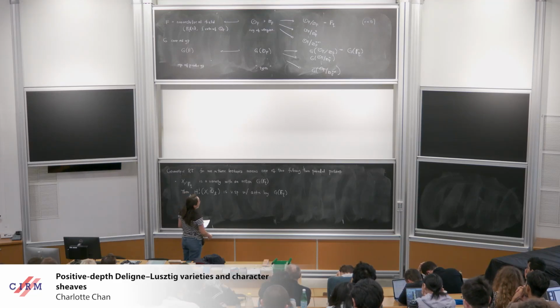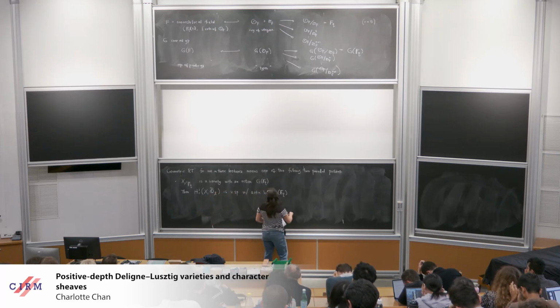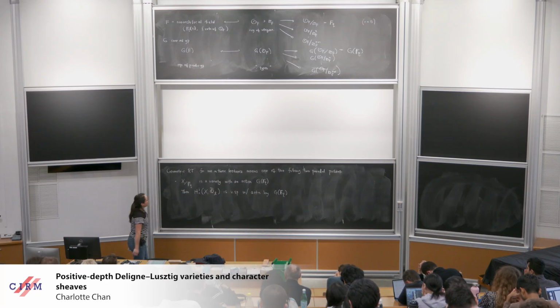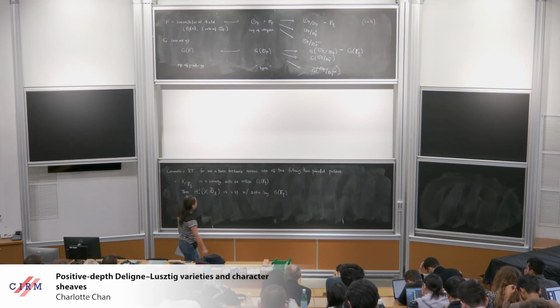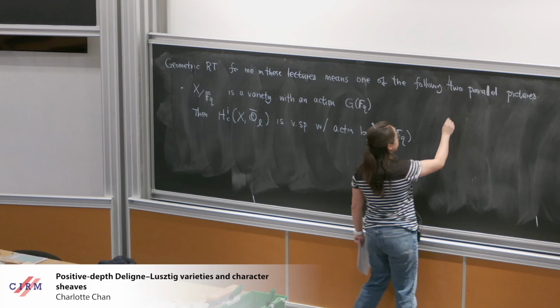So typically, the individual cohomology groups are quite difficult to study, and so it's much easier to understand the Euler characteristic. And so that's what I'll say over here.